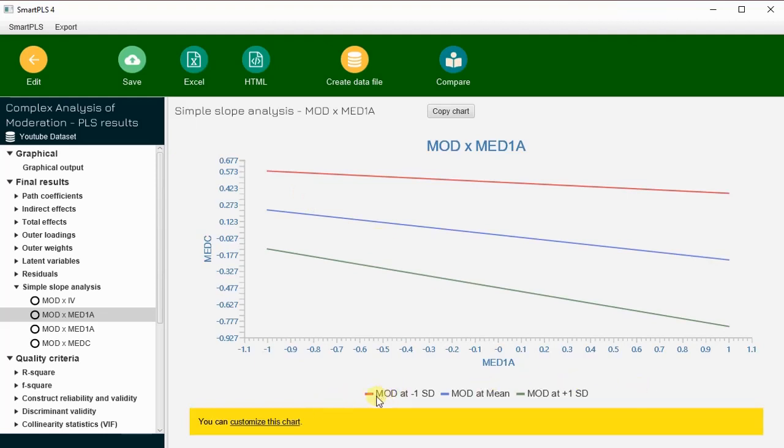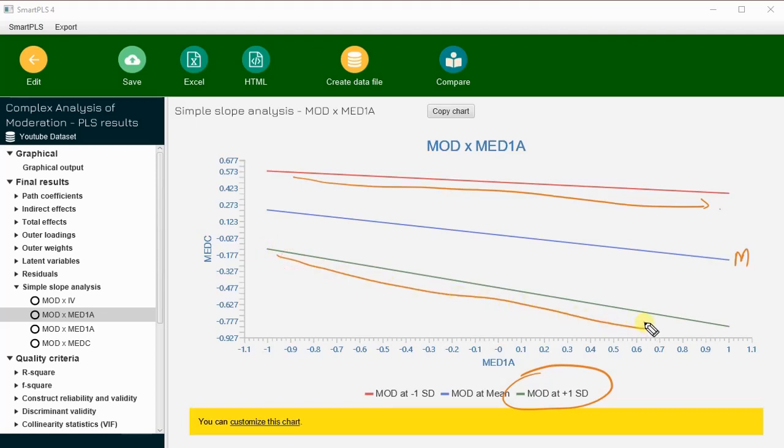When the moderator has a low value, below one standard deviation below the mean, you can see that the slope is almost parallel, although it shows a decreasing trend. When one standard deviation is added to the mean value, the slope trends more downward, and this downward trend shows the negative moderating effect between the given variables.